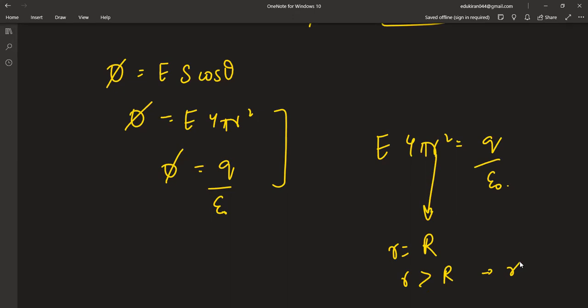Second says, two hollow concentric spheres S1, S2 enclosing charges Q and 2Q respectively. Okay, figure is drawn. S1 is there, S2 is there, 2Q is there, Q is there.